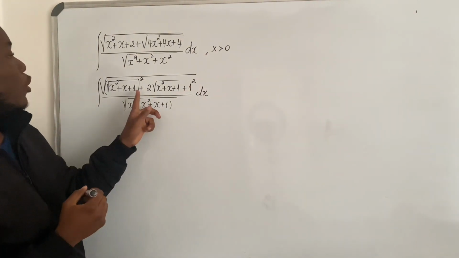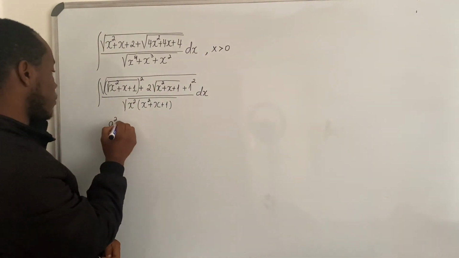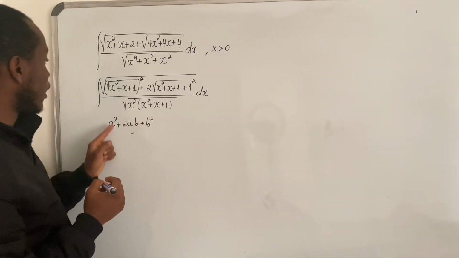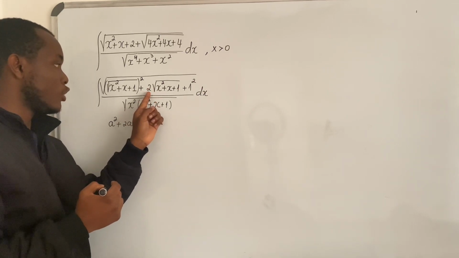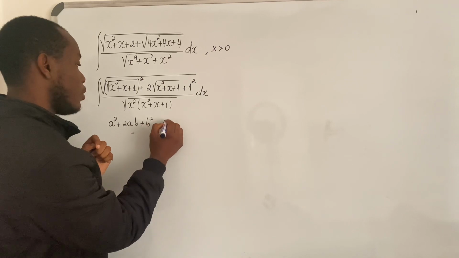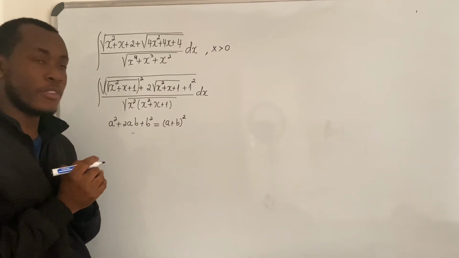And now, if we look at this expression, this is similar to a squared plus 2ab plus b squared, because I have my a squared plus 2ab, so this is 2 times this expression times 1 plus b squared, which we know is equal to a plus b all squared. Okay, perfect.